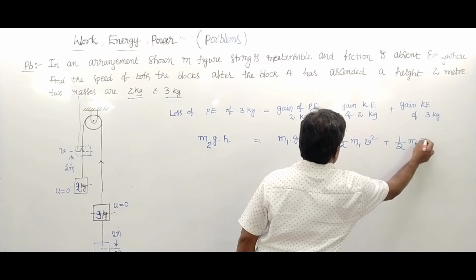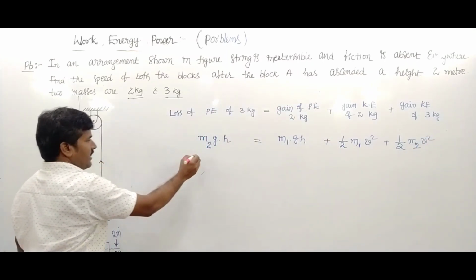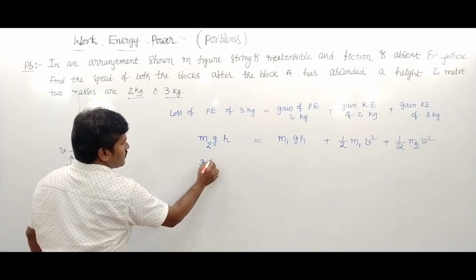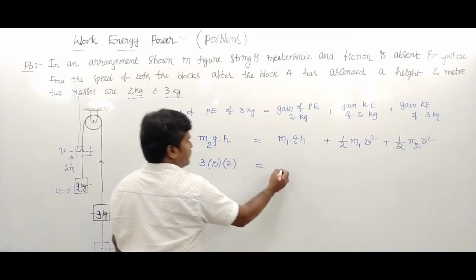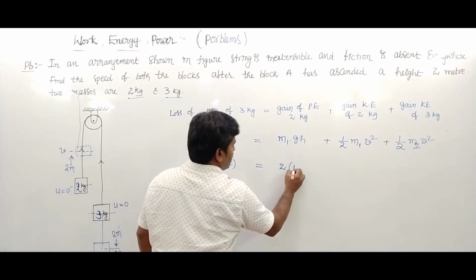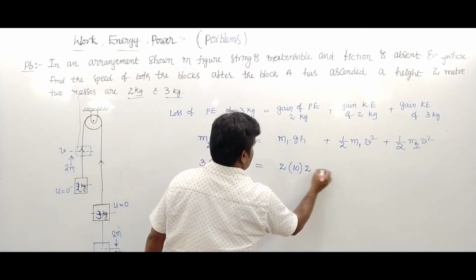So m2gh is written as 3 into 10 into h, where h is 2 meters, equals 2 into 10 into h, which is also 2 meters height.